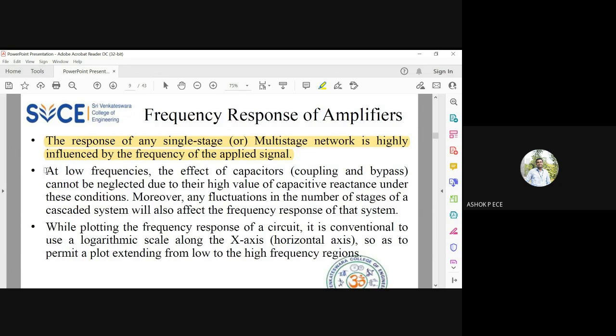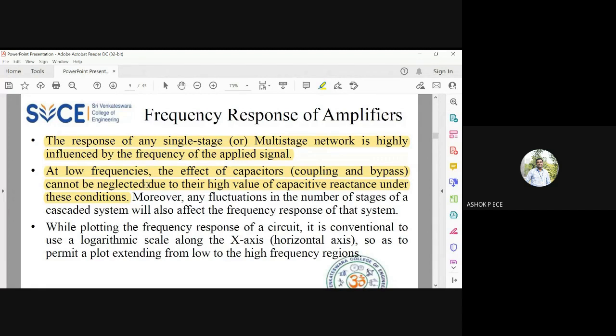At low frequencies, the effect of capacitors is neglected due to their high reactance. What they are saying is that it cannot be neglected, but they will become open circuit. You have to consider them, but the reactance value will be very, very high.